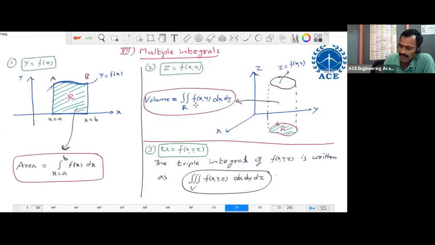Double integral means like this, double integral over R of f of x, y dx dy. Triple integral is like this. From here onwards, I am taking this single integral as the ordinary definite integral. The short form of double integral is D.I. Because of the D.I., we are using the short form of single integral as ordinary definite integral. The short form of triple integral is T.I.